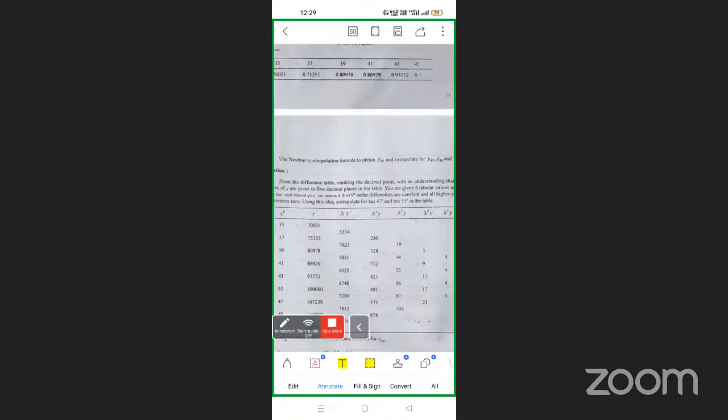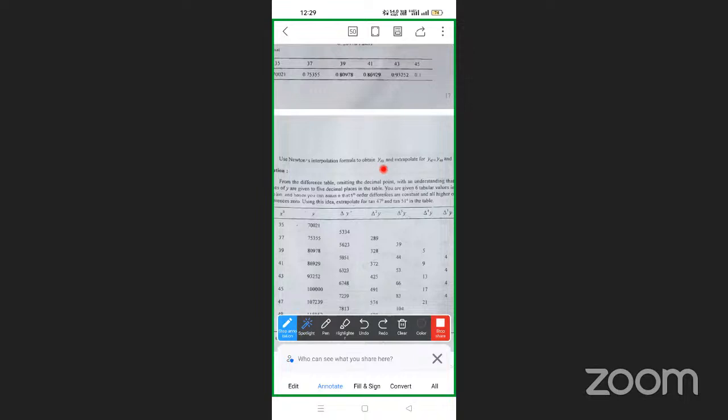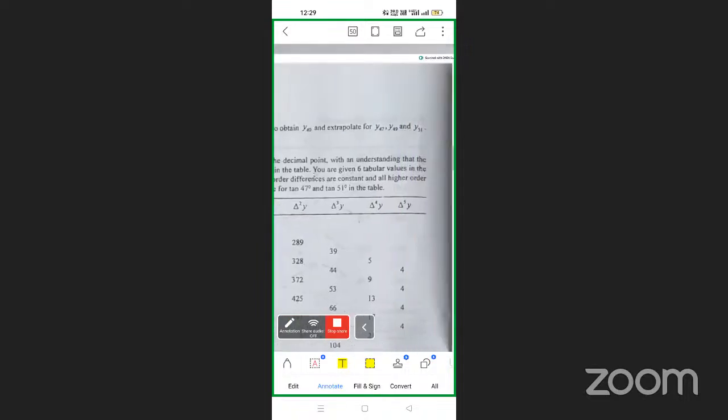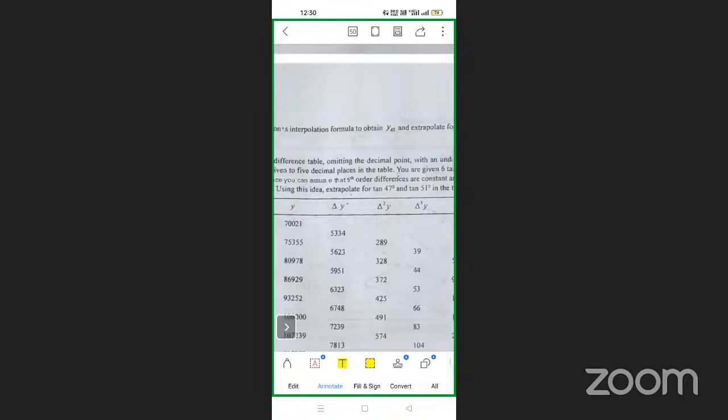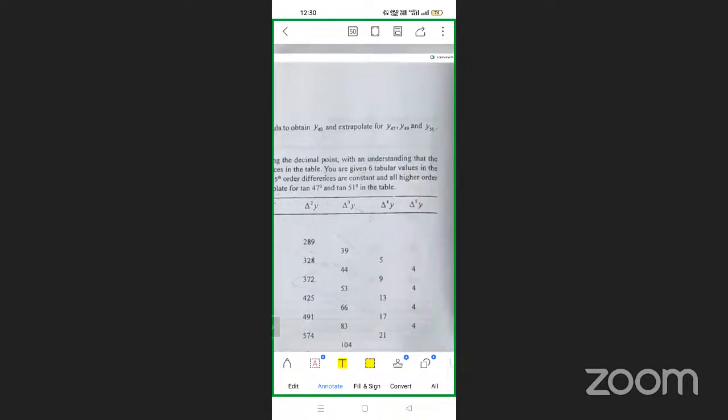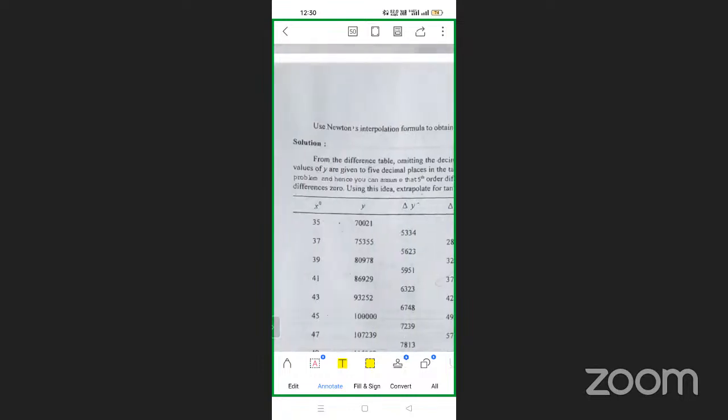Use Newton's interpolation formula to obtain y40, and y47, y49 and y51. We have to find out these values also.